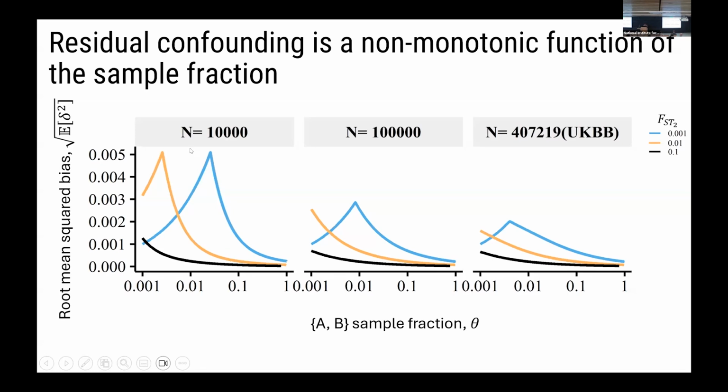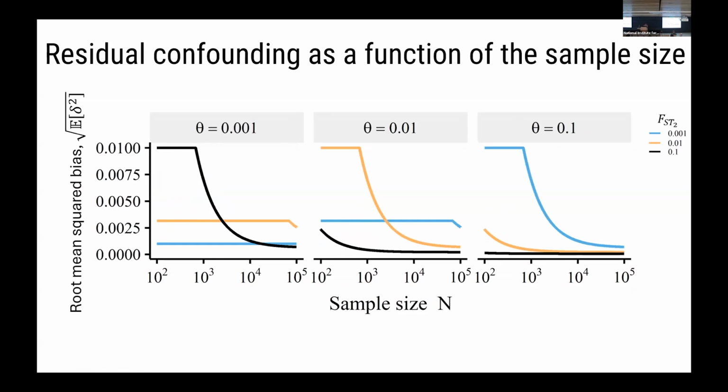The height of the bias depends on the sample size, but even in UK Biobank numbers, the bias is non-trivial, and it depends on the strength of the structure in the demographic model.